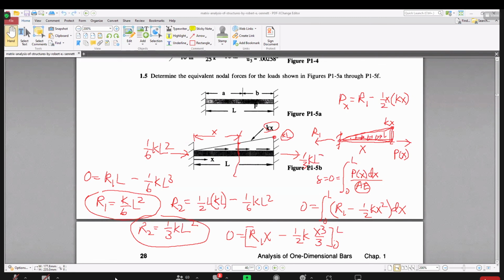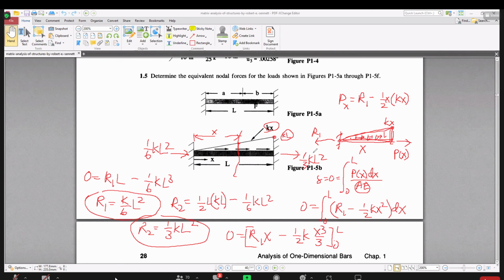If you add them, 1/3 and 1/6, it should be 1/2. Sorry, 1/6 plus 2/6 is 3/6.